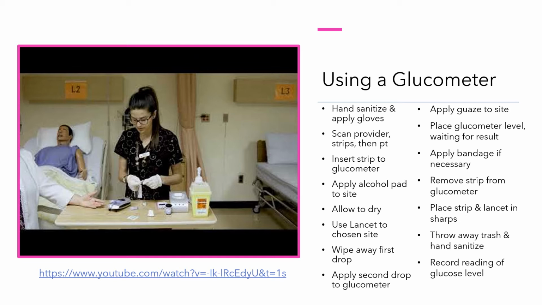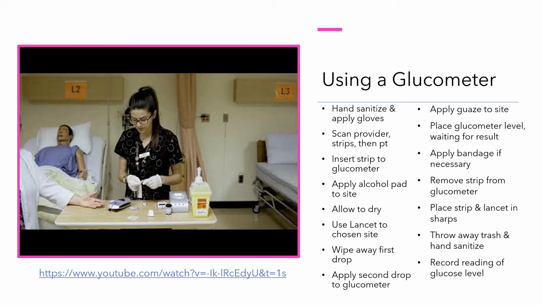The first drop is slightly contaminated with the alcohol residue, and it's very superficial capillary blood, which may not have a true level of glucose. So we want as true a glucose level as possible.